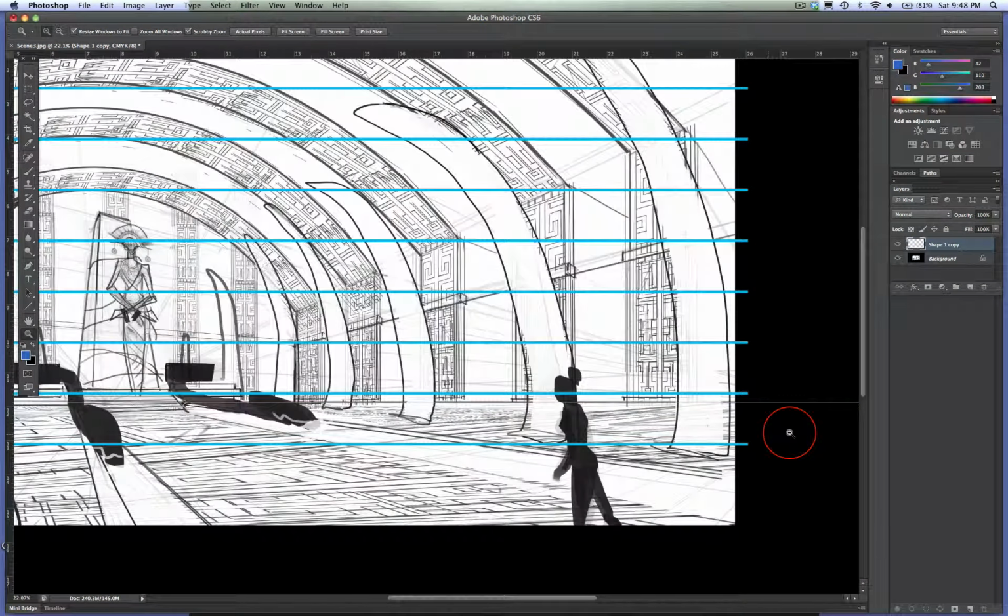I'm just getting these all nice and accurate. You just got to be patient. So I'm looking at some of her perspective lines and looking for her vanishing point, and then moving the lines here accordingly.